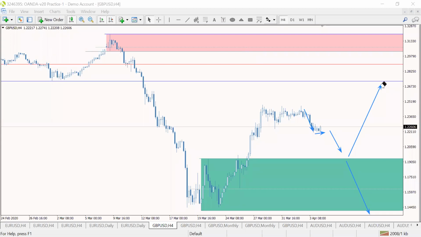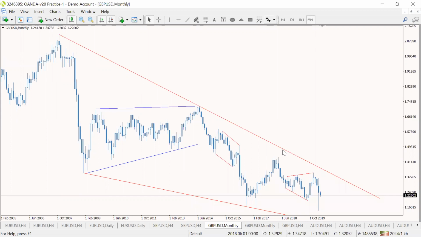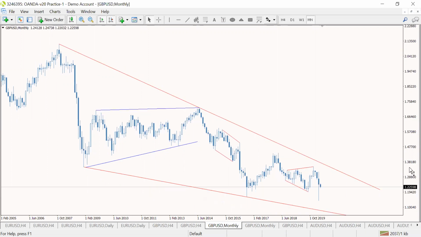These are the scenarios that we've got. Now let me show you on the wave analysis. On the wave analysis, let's start from the monthly time frame. This is the structure that we have. If this is the whole structure, now I will tell you what I am seeing on this.